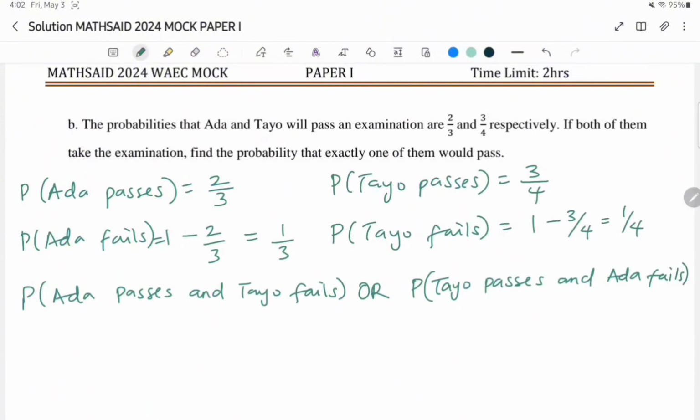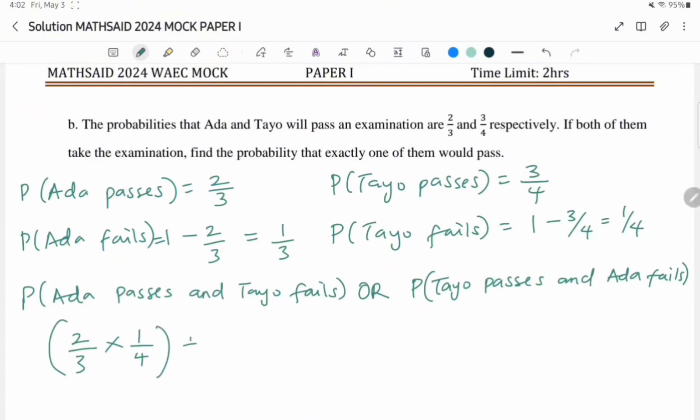So what's the probability that Ada passes? That's 2/3, and the probability that Tayo fails is 1/4. Remember that it is going to be the product. That's what this "and" means. So that's the probability that Ada passes and Tayo fails.